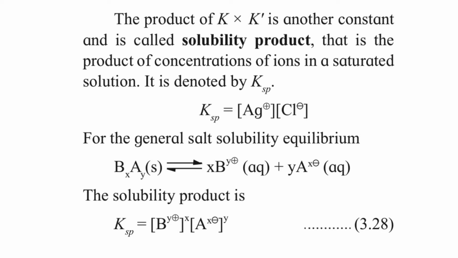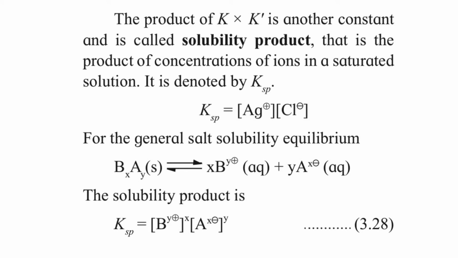So in general we can write down the solubility equilibrium of a salt as, if for example my sparingly soluble salt is BxAy, then it can dissociate into x moles of B raised to y plus and y moles of A raised to x minus, where y plus and x minus are the charges of the ions, positive and negative ions.